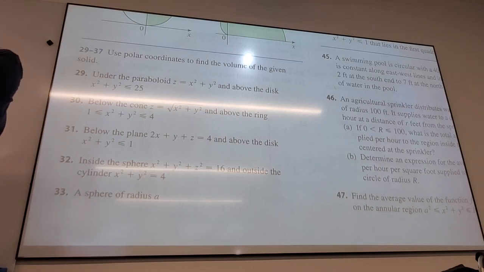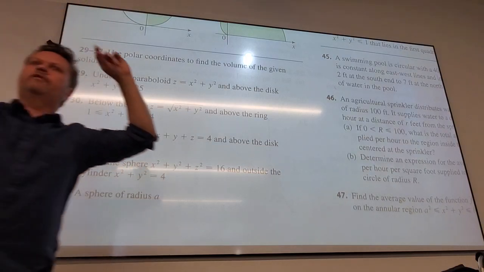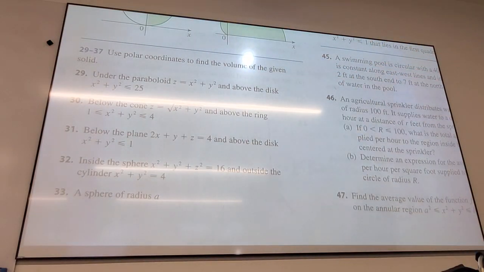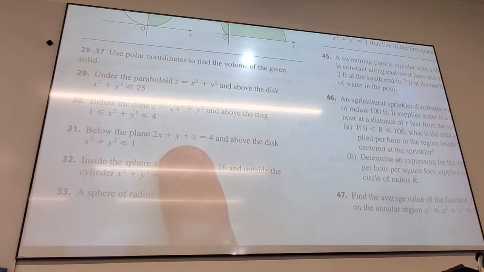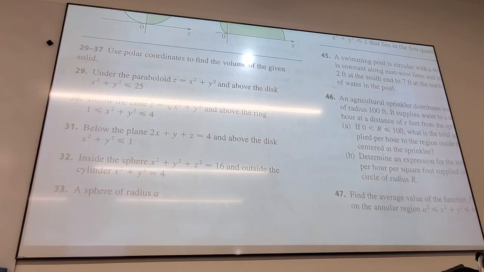So with the first examples we did, didn't we start with a function of what and then convert to polar coordinates? Function of x and y. Yes? So what is our function of x and y? Yes, solve for z. You guys see that?